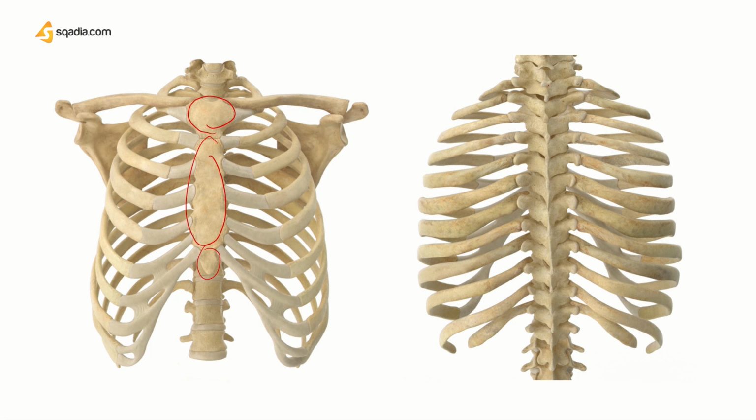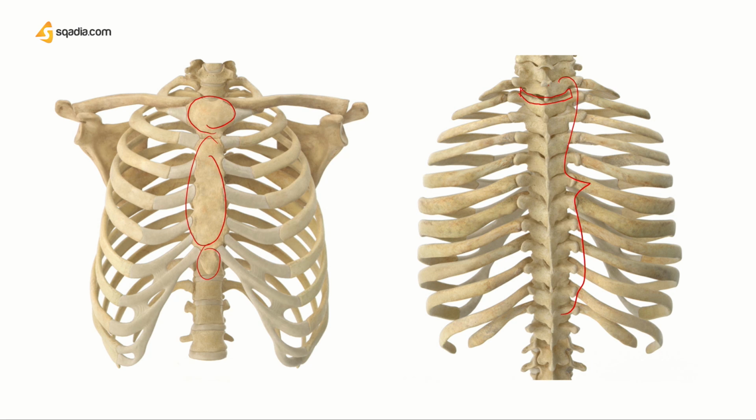Posteriorly, we have the 12 thoracic vertebrae. And intervening between them, there are 12 intervertebral discs. So this is the first intervertebral disc.